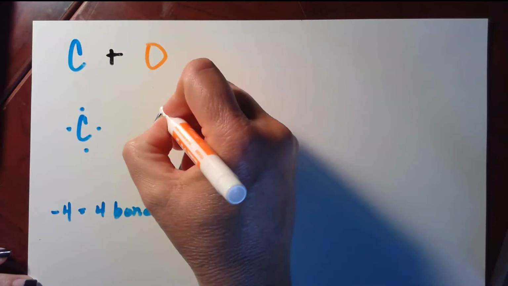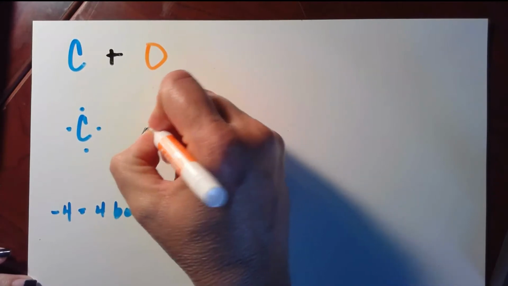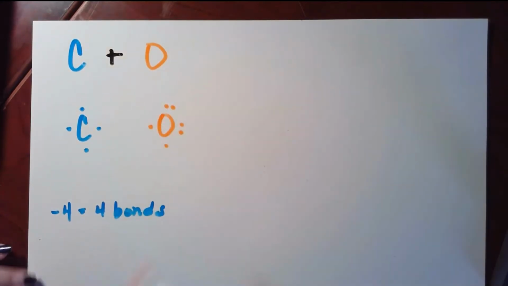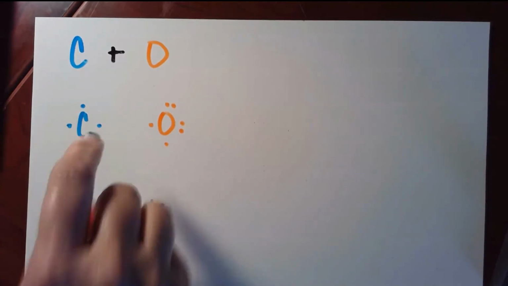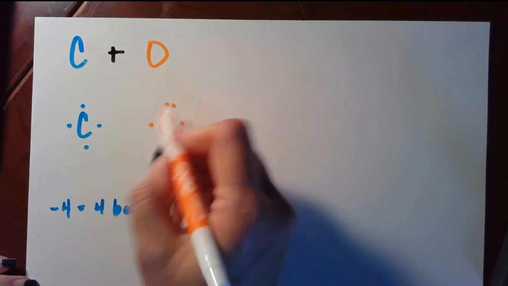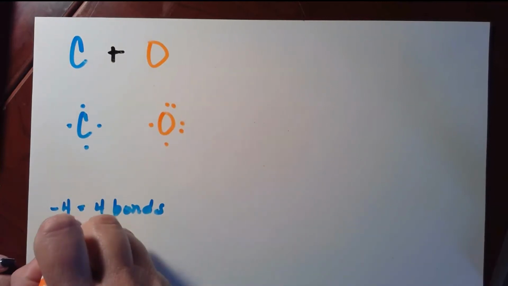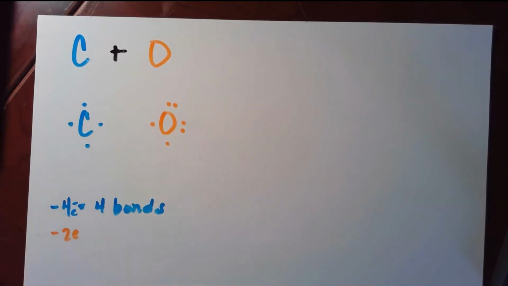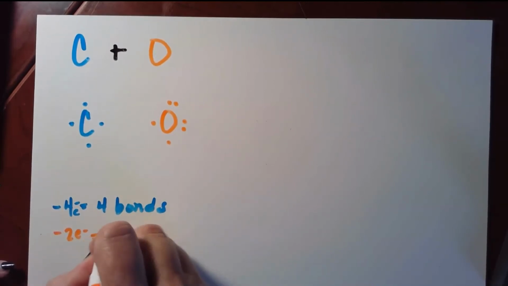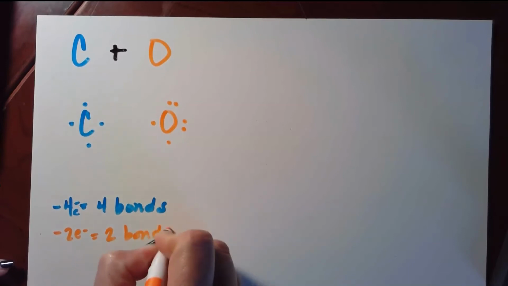Sorry, it needs 2 more dots. So, here's what we're going to do. Carbon likes to be the center of attention. Oxygen needs 2 more electrons. Minus 4 electrons minus 2 electrons equals 2 bonds.